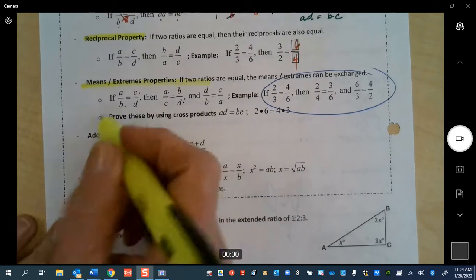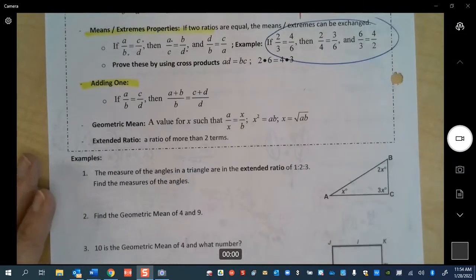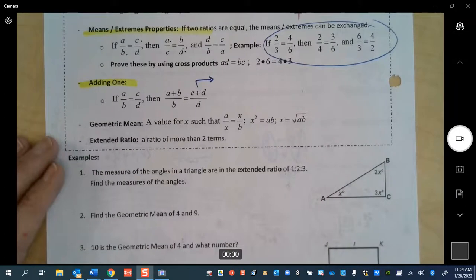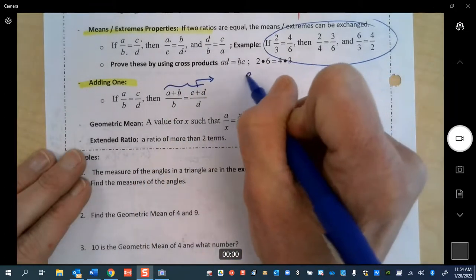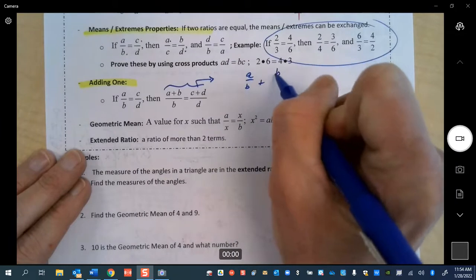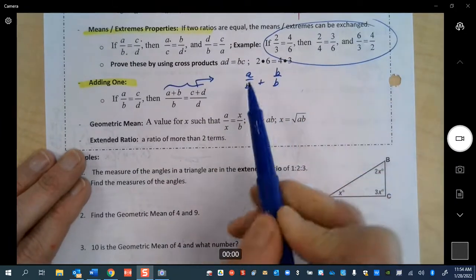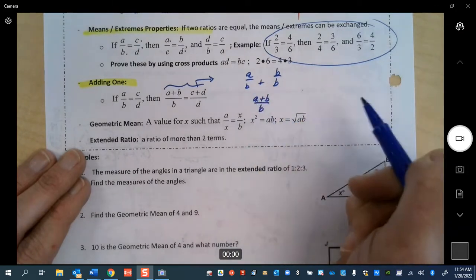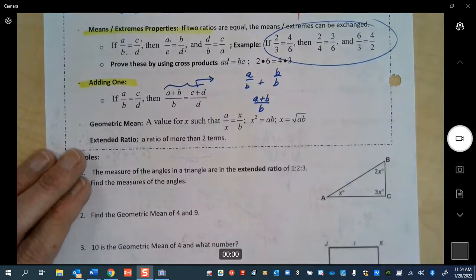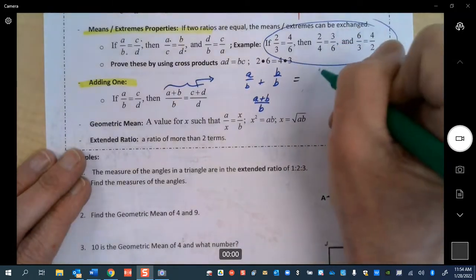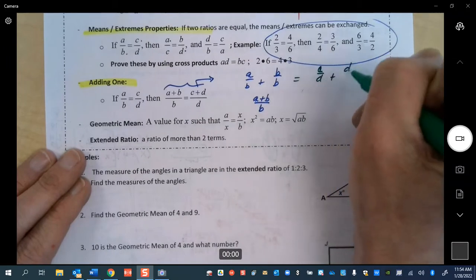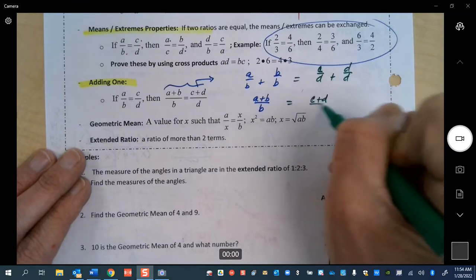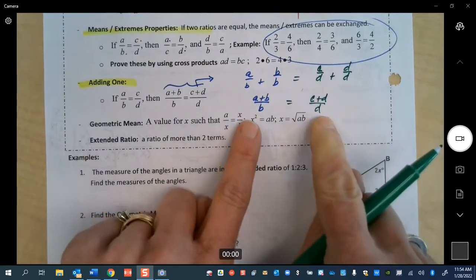This one is the coolest one to talk about because when I talk about my adding 1 proportion, if you back this up and look at your step that happens before this, you know that if I had A over B plus B over B, because these two have the same denominator, I can call that A plus B over B. If I have C over D plus D over D, I can simplify that by saying, oh, that's C plus D over D because they have a common denominator.